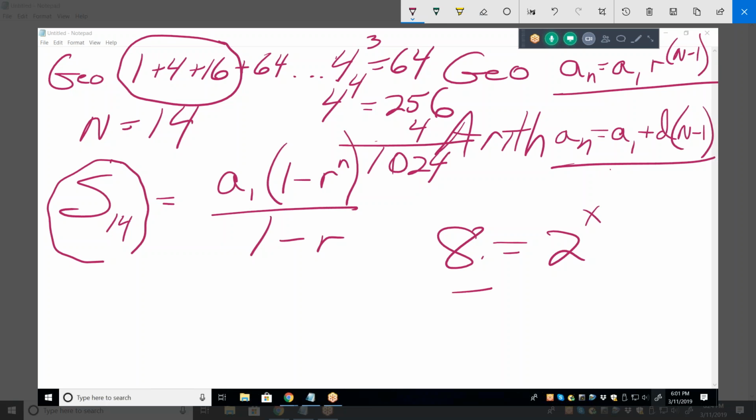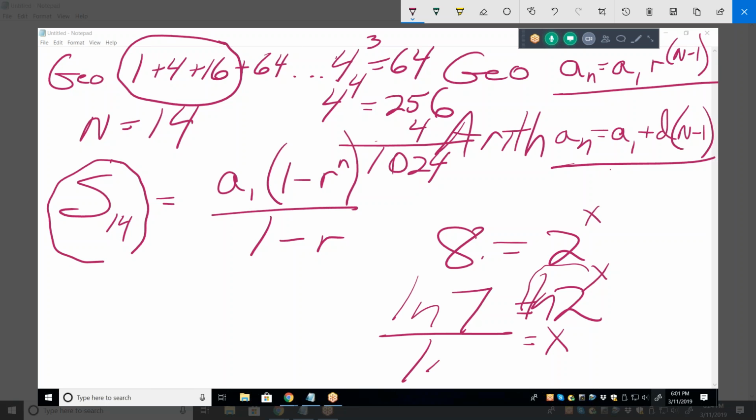But if I say 7 equals 2 to the x, can you figure out what x is? Nope. Not without using logs. You can if you use logs. I take the natural log of both sides. That allows me to bring the x down into front. And I got x equals the natural log of 7 divided by the natural log of 2. That's a number you can get out of your calculator.